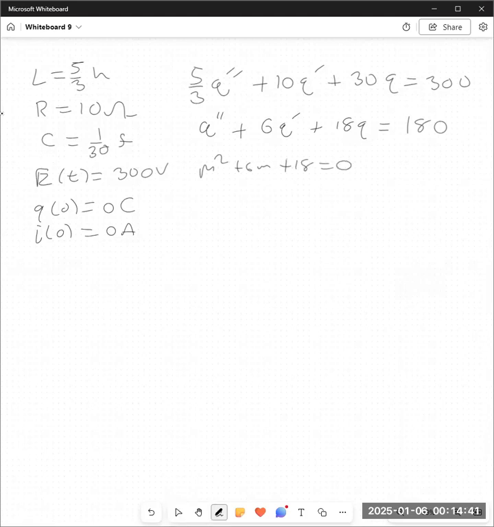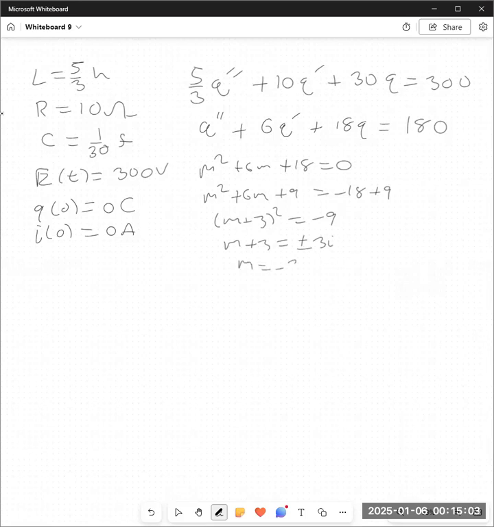We're going to find that auxiliary equation first. Don't have any factors of 18 that add up to be 6. So I'm going to complete the square. Half of the middle number squared is 9. It's m plus 3 quantity squared is equal to -9. So m plus 3 equals plus or minus 3i.